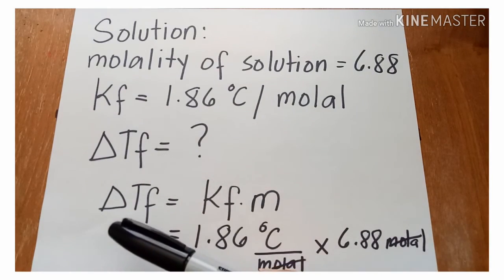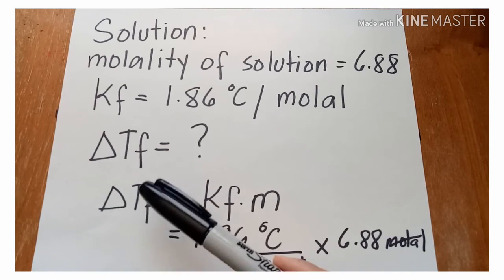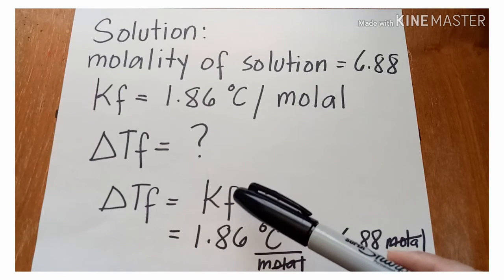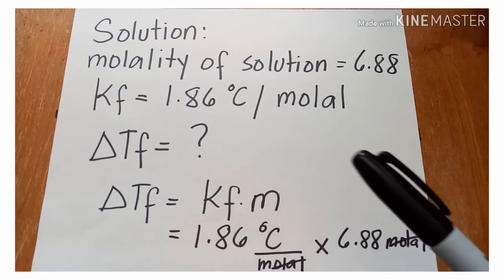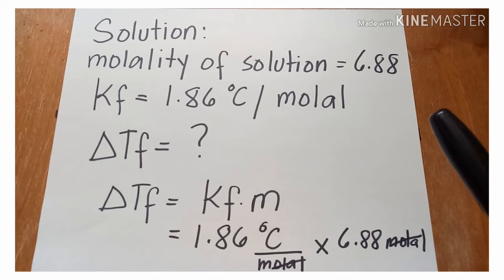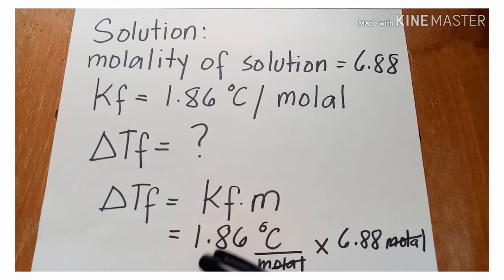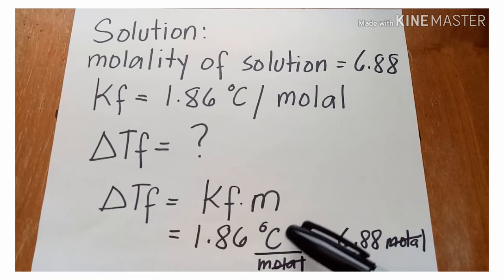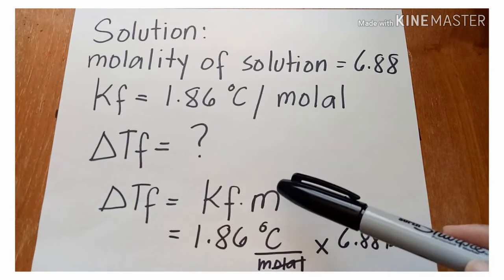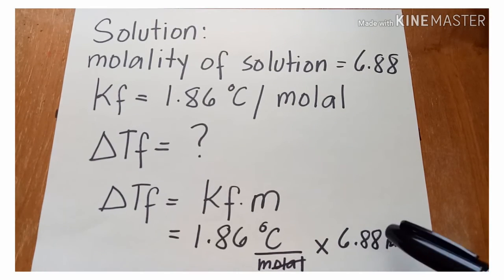Our formula for delta T sub F is K sub F times m. Since we have the given, all we have to do is plug it in. For K sub F, we have 1.86 degrees Celsius per molal, and the molality is 6.88 molal.